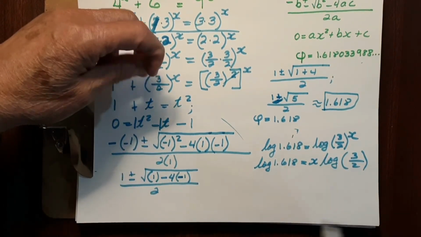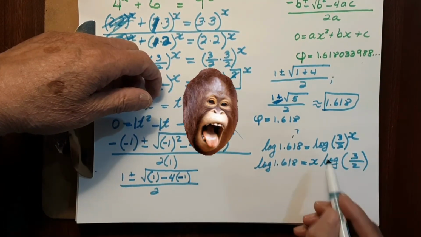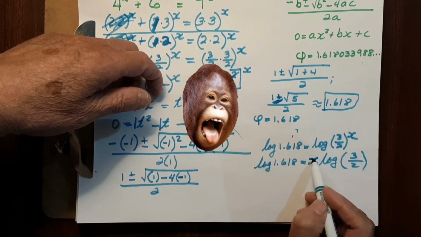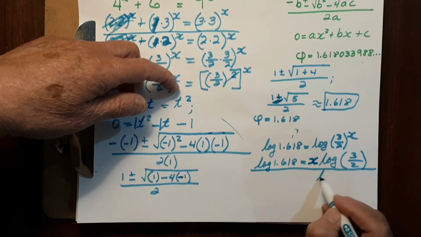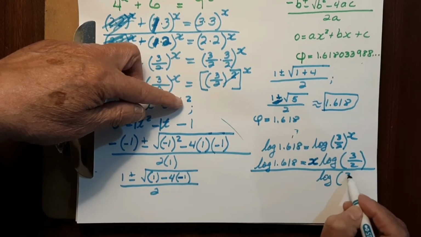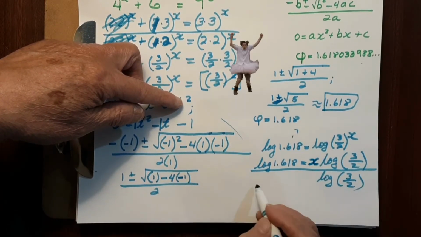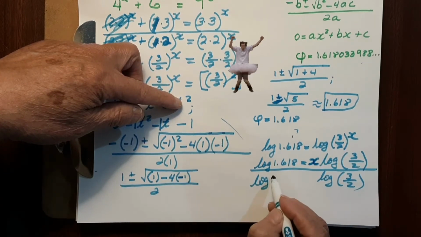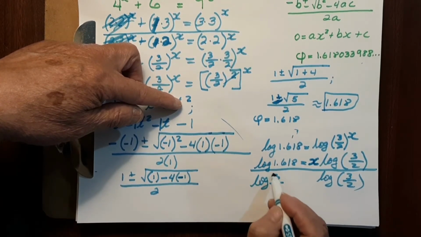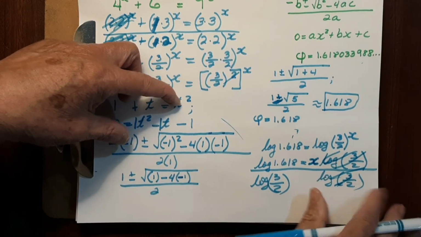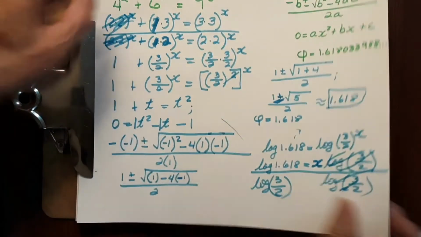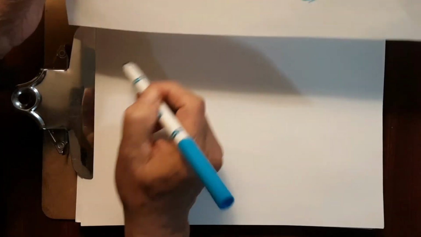Now since we have to isolate x, we divide it by log 3 halves, and this is gone. We're gonna put it in the next page for you guys to see clear.